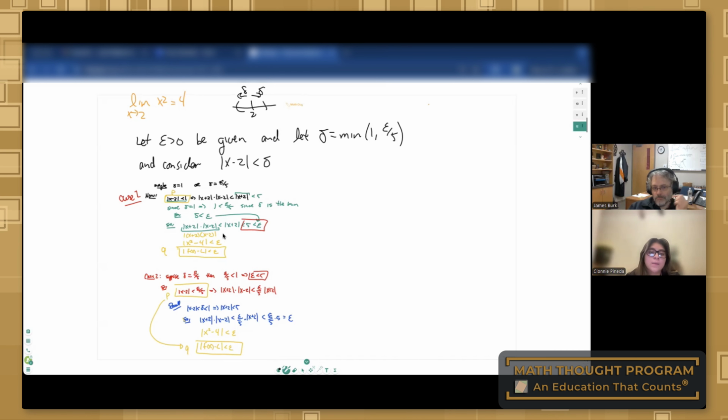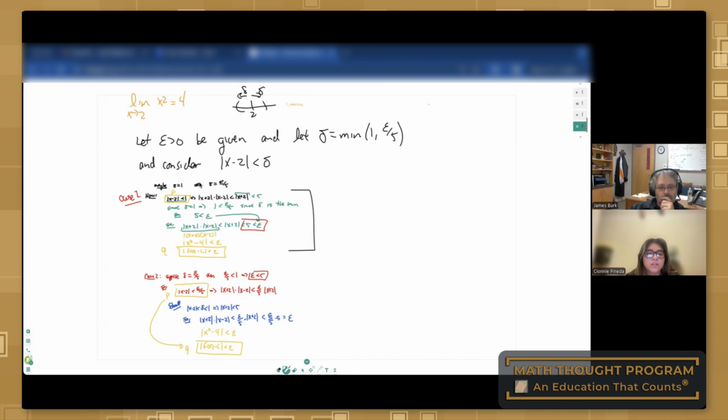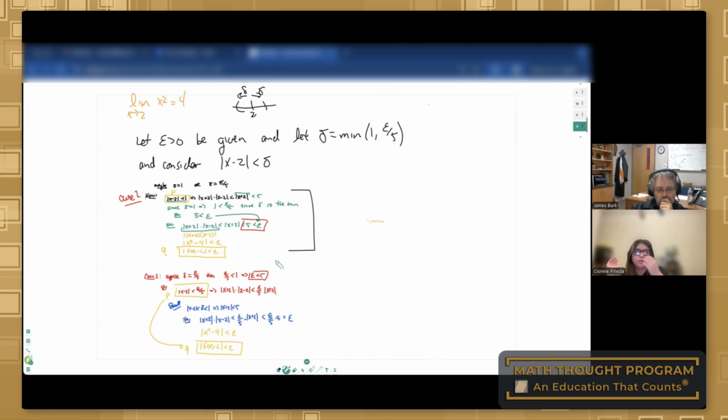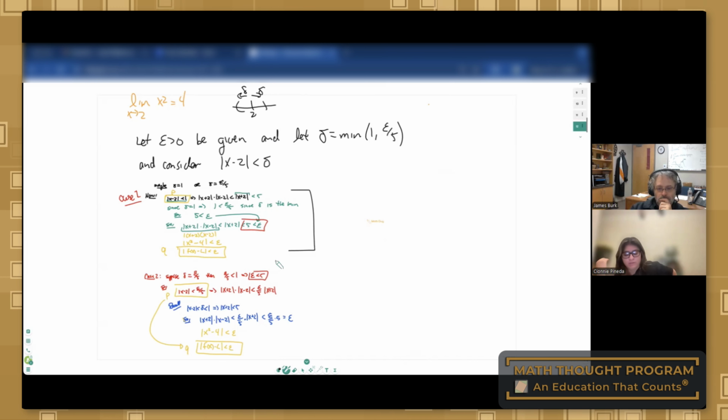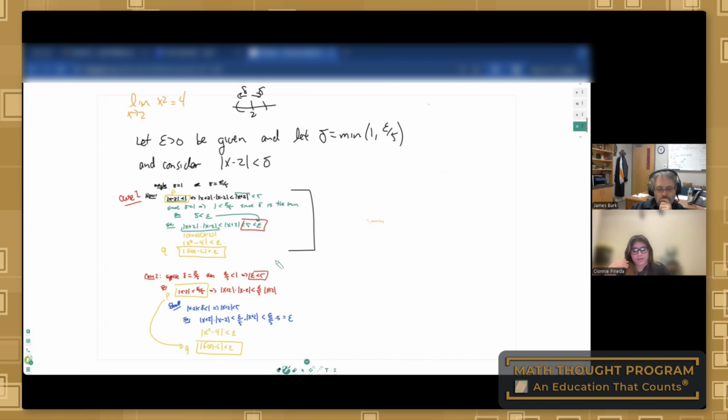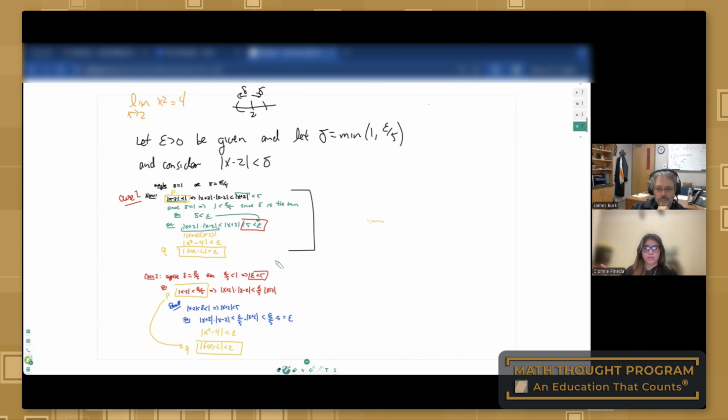I'm looking at this section here. So I know we found the P with the work that we were doing before. I remember when we found the bound, we said that the absolute value of x minus 2 will be smaller than 1 as we're approaching 2, which makes sense. And then we found the upper bound by manipulating that inequality and finding that x plus 2 is less than 5.